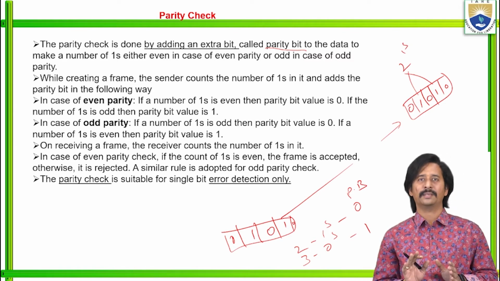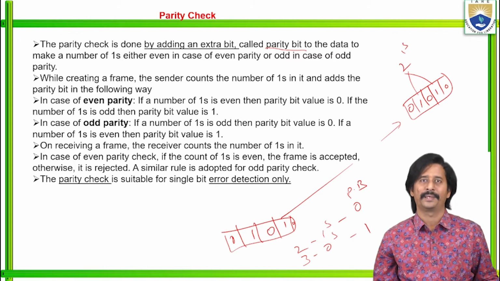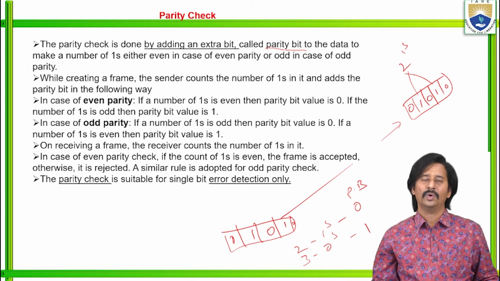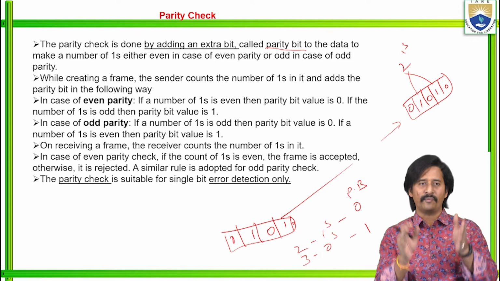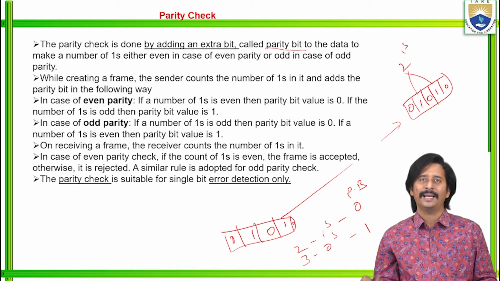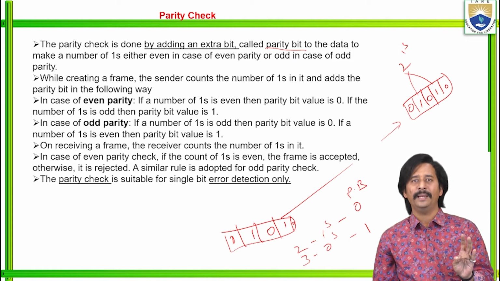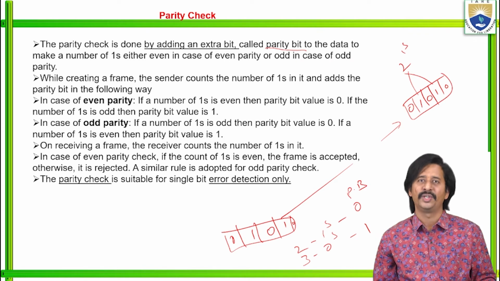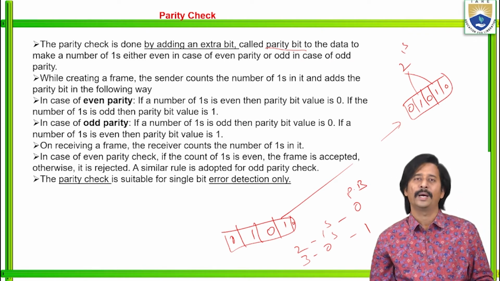So parity check is done by adding an extra bit, which is called a parity bit. Whenever any frame is created, the sender counts the number of ones in that frame and adds the parity bit. How do we add it? In case of even parity, if the number of ones is even, then the parity bit value is 0. If the number of ones is odd, then the parity bit value is 1.